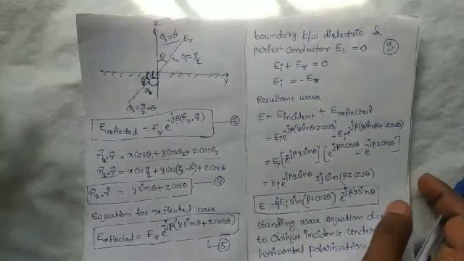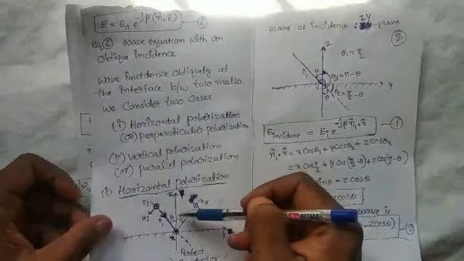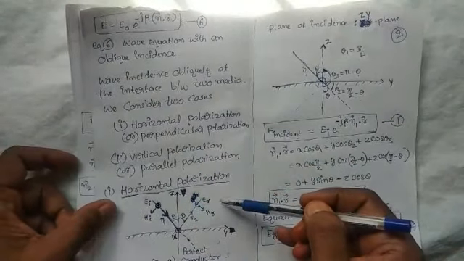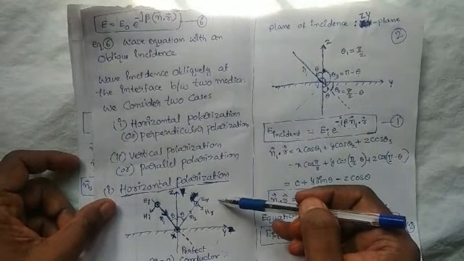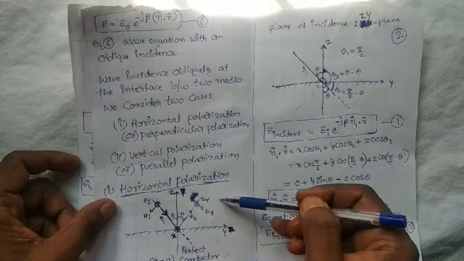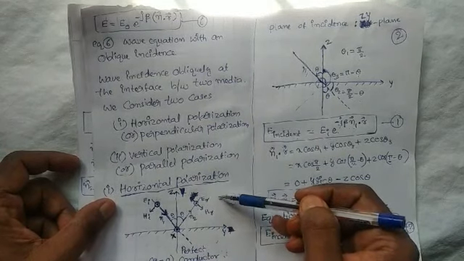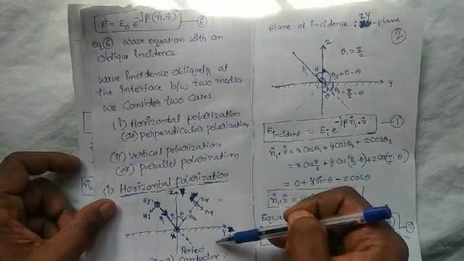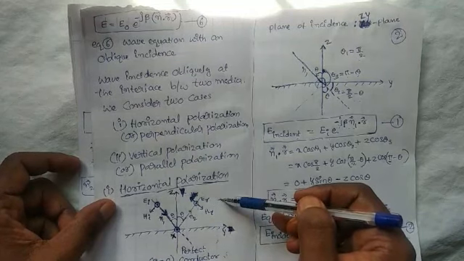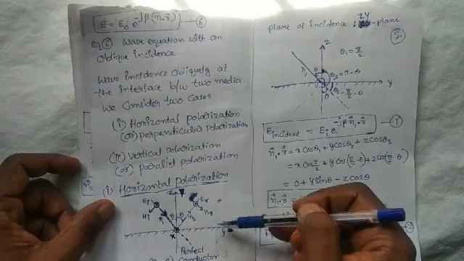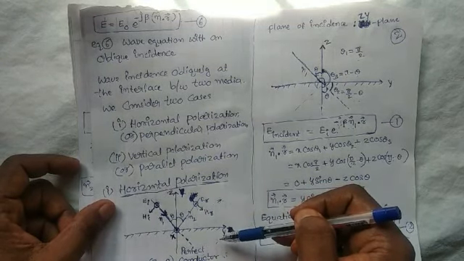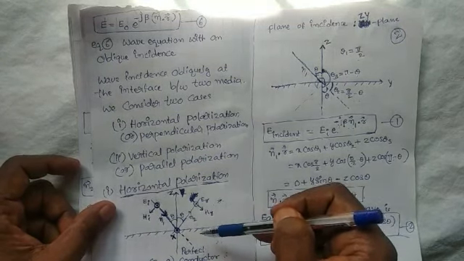Here at the boundary, now we are applying the boundary conditions between these two mediums. Medium 1 is, sorry, medium 1 is the dielectric medium. The second medium is a perfect conductor. Here we are applying the boundary conditions. Tangential component of electric field is 0.